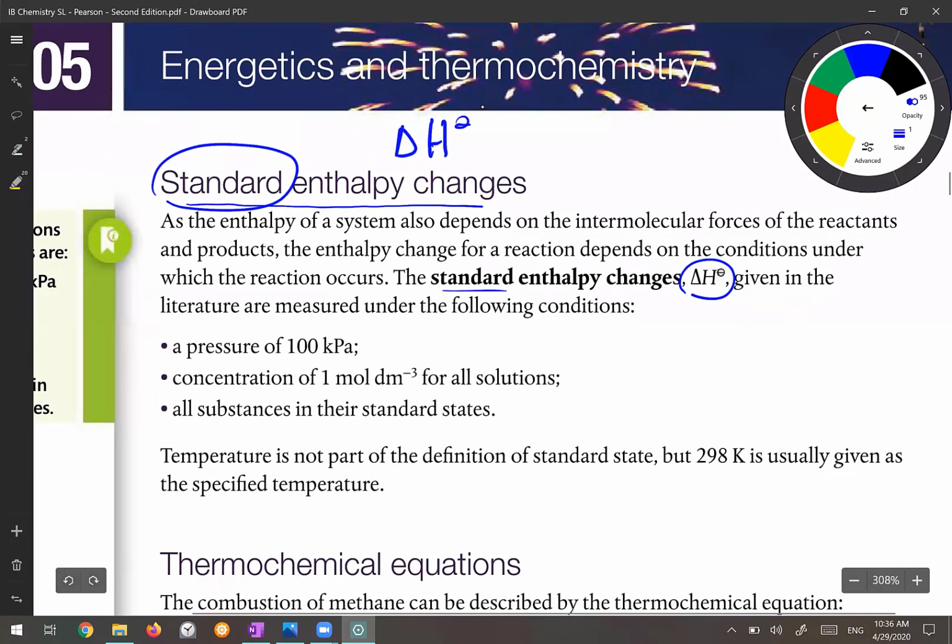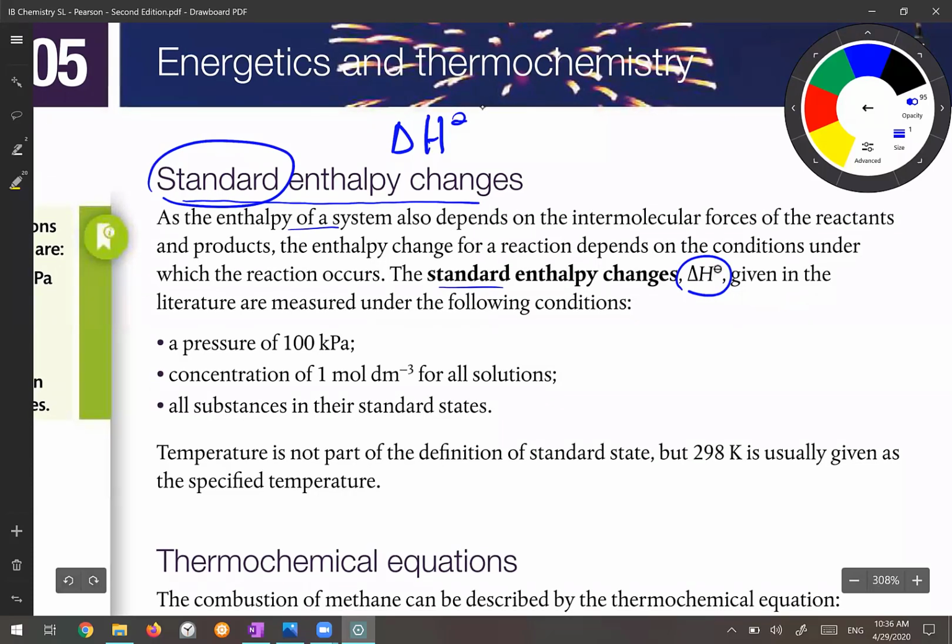It says as the enthalpy of the system depends on the intermolecular forces of the reactants and products, the enthalpy change for the reaction depends on the conditions under which the reaction occurs.